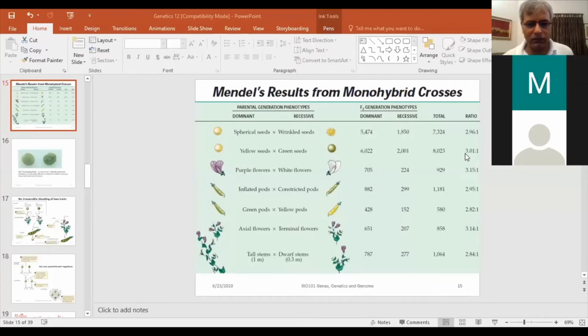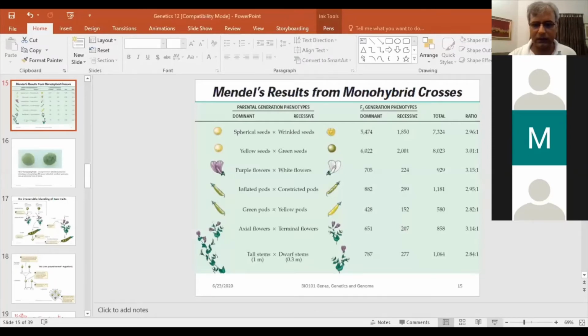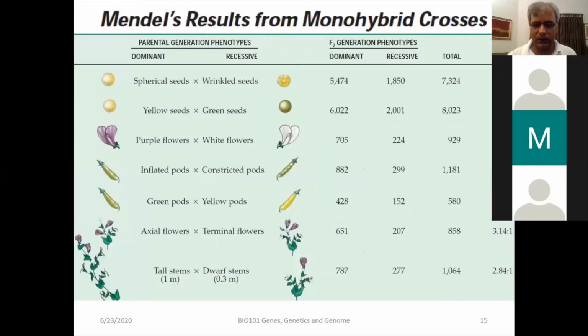So what Mendel did, he studied these 7 different traits. So round, spherical versus wrinkled, yellow versus green. Yellow was dominant and green was recessive.